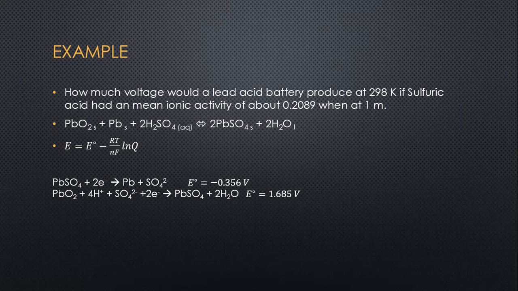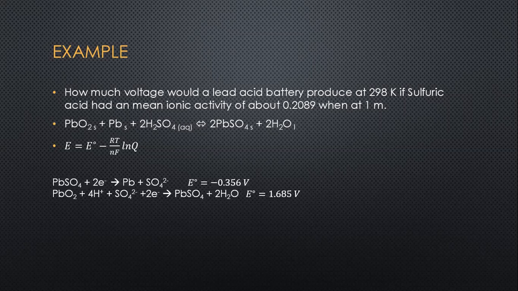E standard is going to be oxidation minus reduction. These are all the reduction cell potentials. Lead oxide is as written, so 1.685.